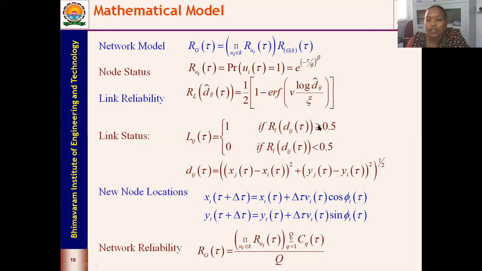Here actually this has to be changed, because this is for the previous model. This should be B less than or equal to RL Dij of tau, so I'll just change it.